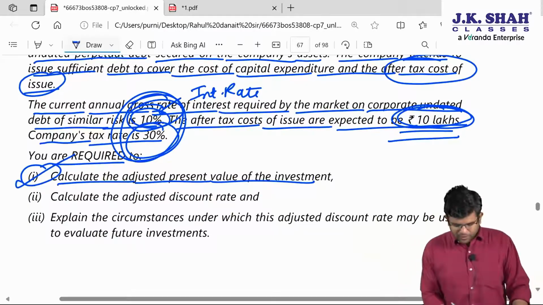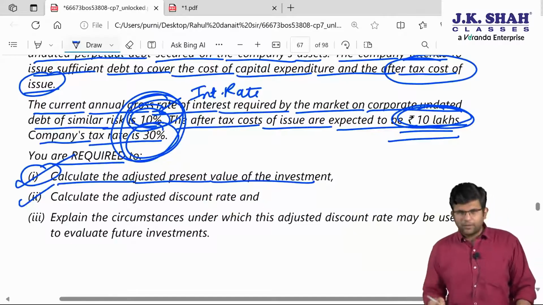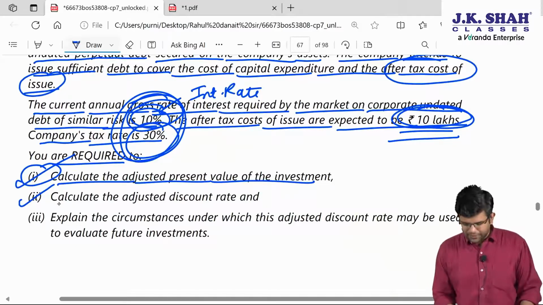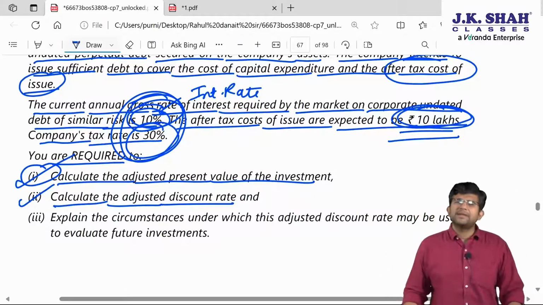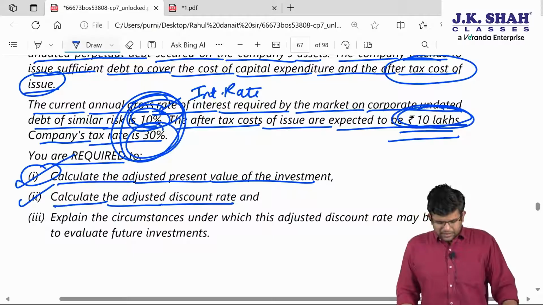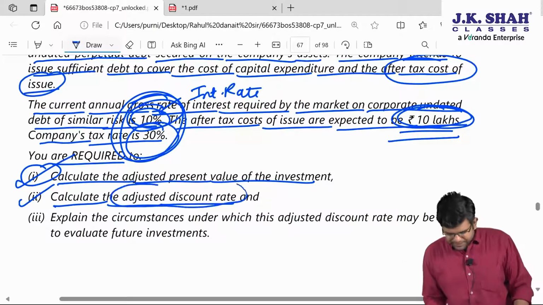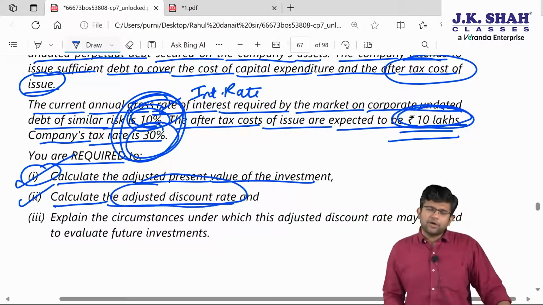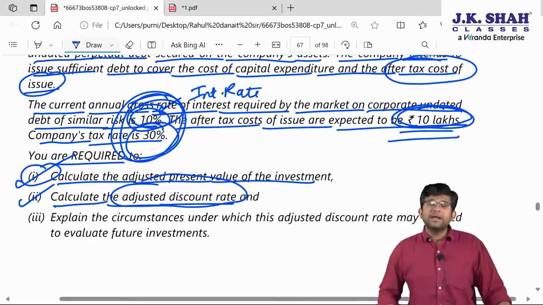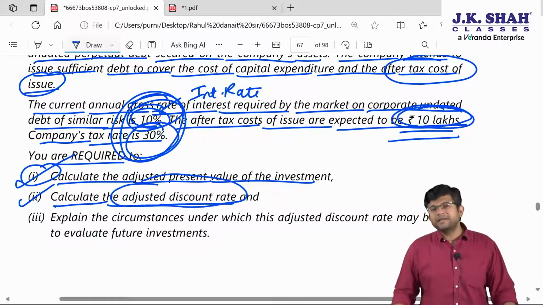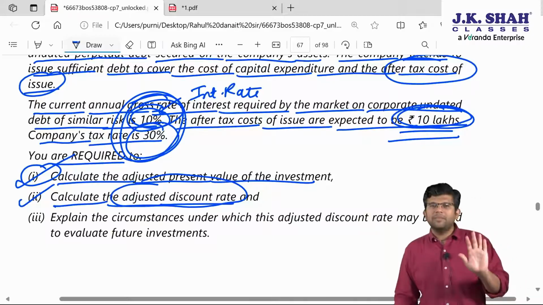Now coming to point number 2, the last point of discussion in this particular video, calculate the adjusted discounting rate. Now students, when you see this term, one thing that might crop up in your head is the chapter of capital budgeting and risk analysis which is there in Inter CA FM up till November 2023.